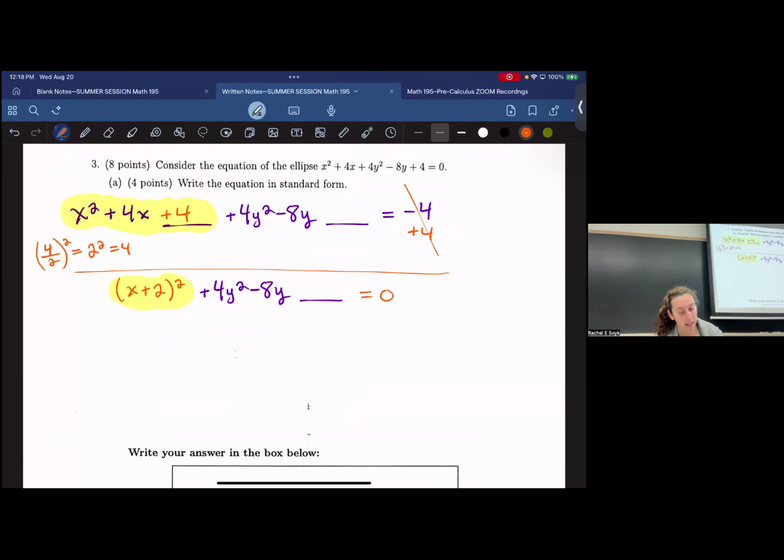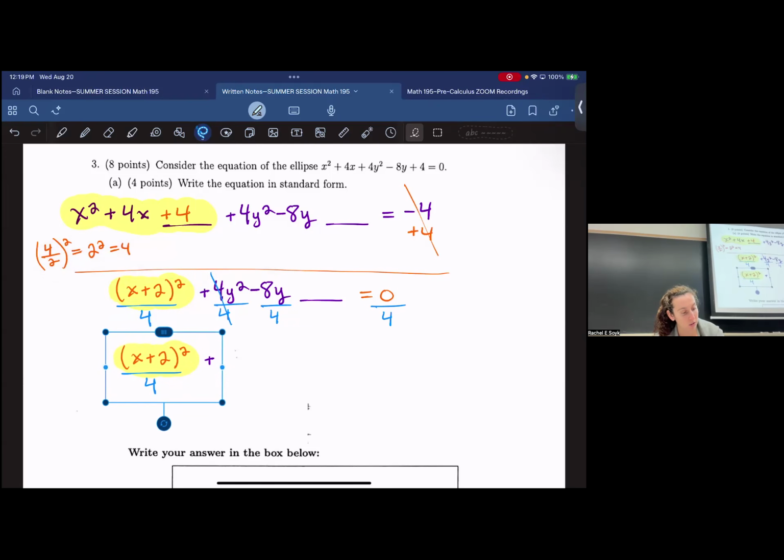Now let's go ahead and make that y² coefficient 1 by dividing every term by 4. So now we're looking at x plus 2 in parentheses squared all over 4 plus y² minus 2y, leave a little space, equals 0.